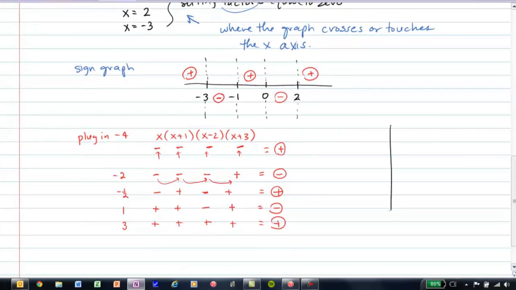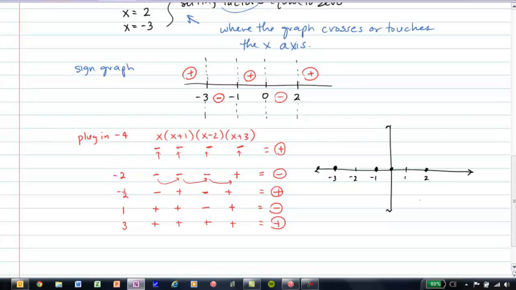So we'll draw our set of axes. Now we do want to put our numbers on in a scale. So if this is -1, this would be -2, -3, 1, and 2. We know that our graph is going to go through -3. It's going to go through -1. It's going to go through 0. And it's going to go through 2.